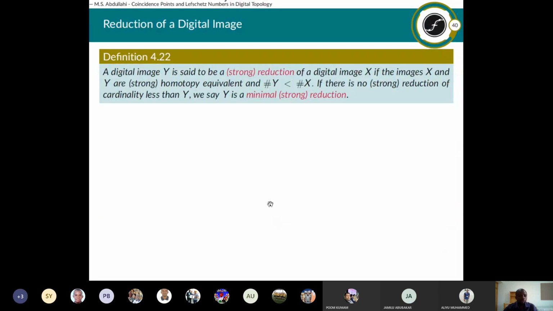So we now define the notion of a reduction of a digital image.